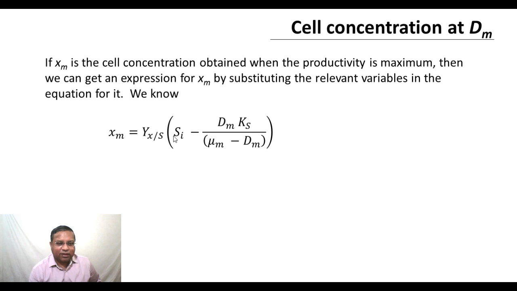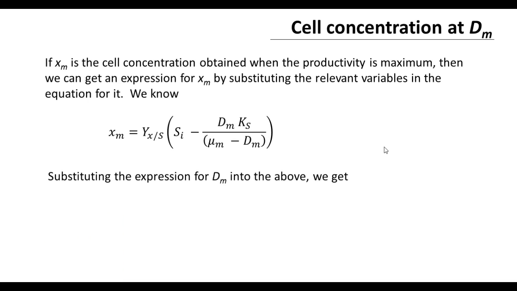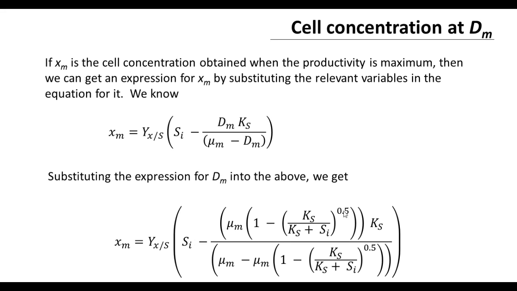Yxs times Si, the inlet concentration, so there is no change here. D has become Dm here, Ks is a constant, mu m is a constant. So substituting the expression for Dm into the above, we get this. Don't worry about this. This is just Dm being replaced in terms of the Ks and Si. That's all, nothing else.